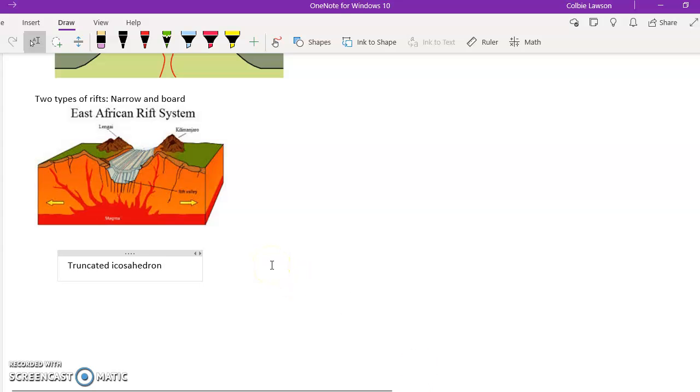So in a short little wrap up, divergent boundaries are when plates are separating. It's where new oceanic crust is created. There's continental rifts and there's oceanic rifts.